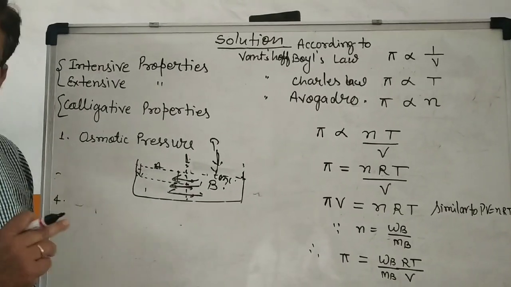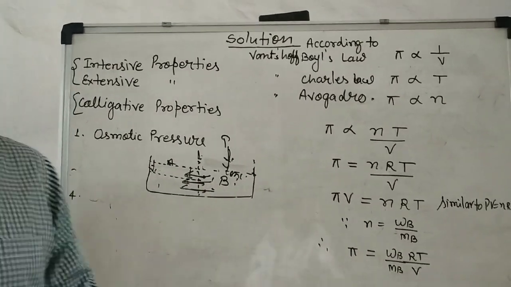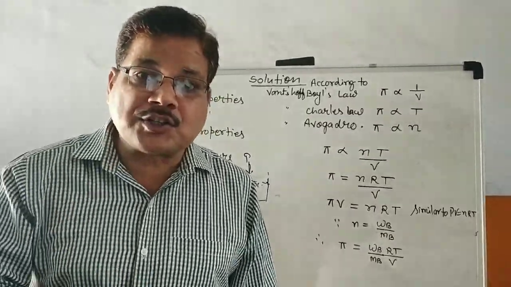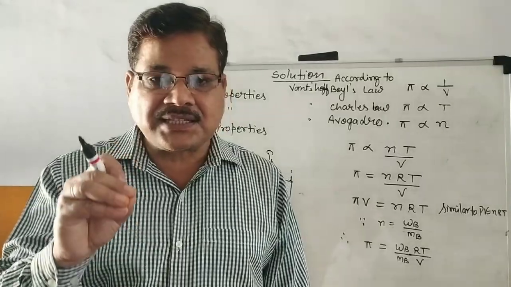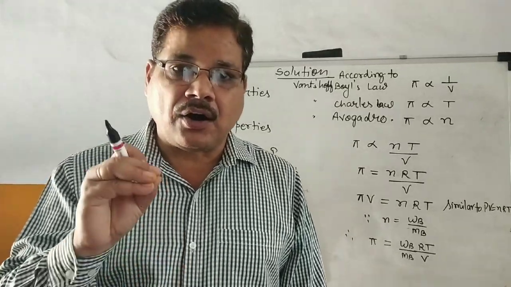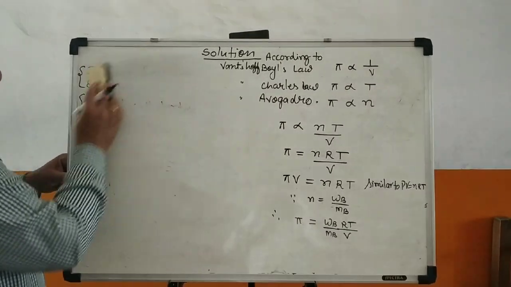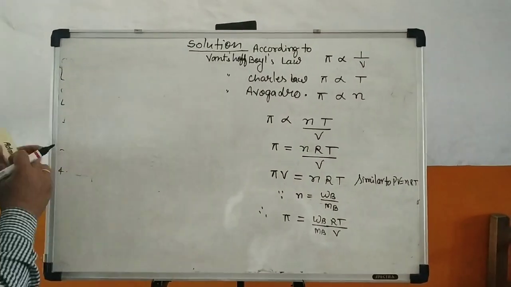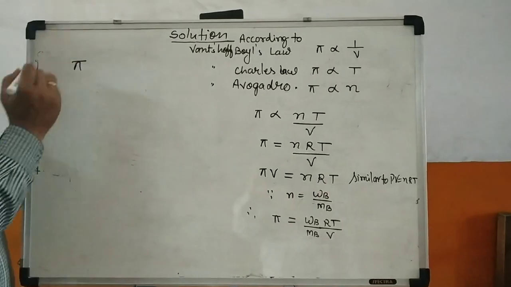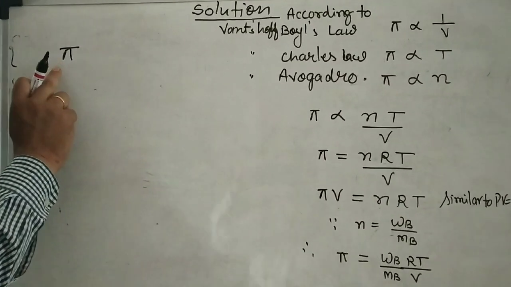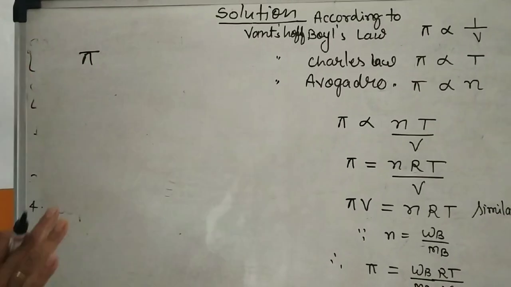We can define osmotic pressure as the pressure applied to the solution that can stop the osmosis process. Osmotic pressure symbol is pi. With the help of pi we can explain the osmotic pressure.